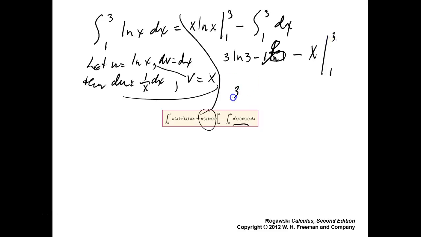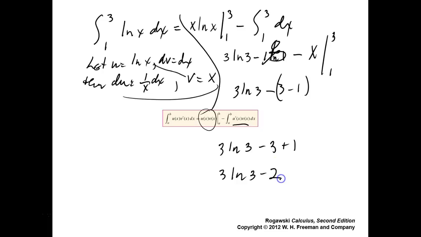So this will be 3 log 3 minus 0 minus 3, okay, if you put it in parentheses, minus 1, right? Because it's minus, evaluate those two, but you've got a minus for the bottom one. So this would be 3 log 3 minus 3 plus 1. That's 3 log 3 minus 2.